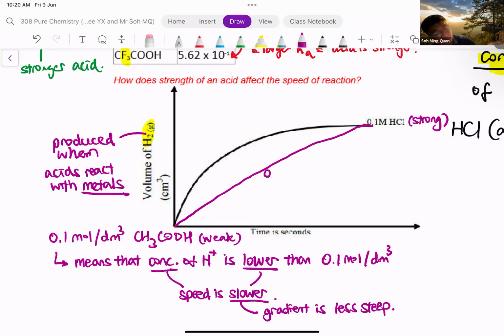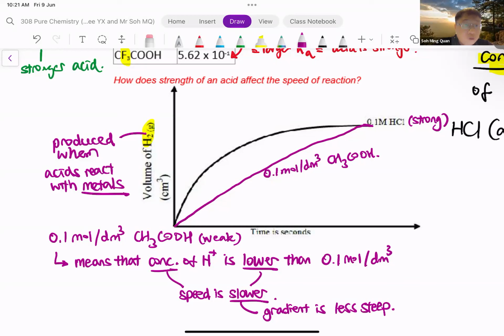Okay, so this is what happens when you use 0.1 mole per dm cube ethanoic acid. The only impact is that the initial speed is slower. And that's because the concentration of H plus is lower. But the final volume is not determined by the concentration of H plus. The final volume depends on number of moles, which is the same.